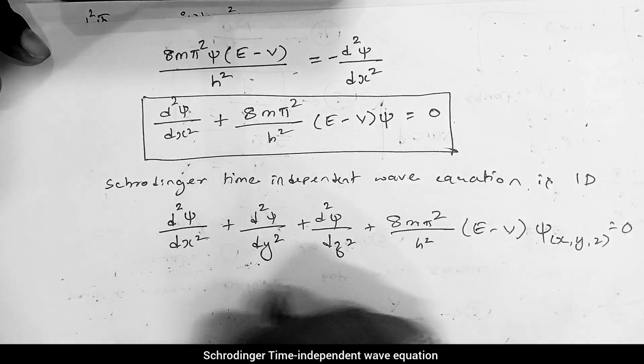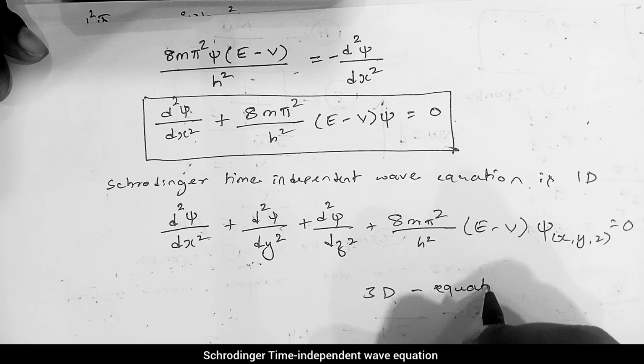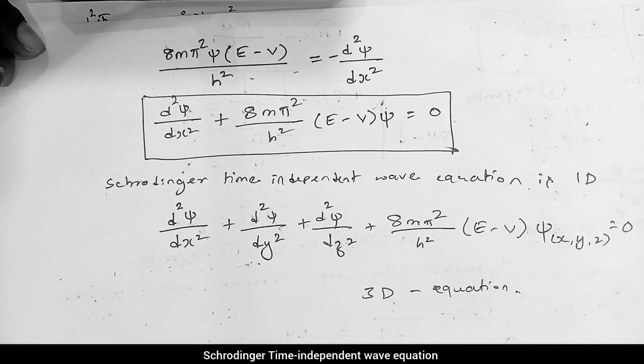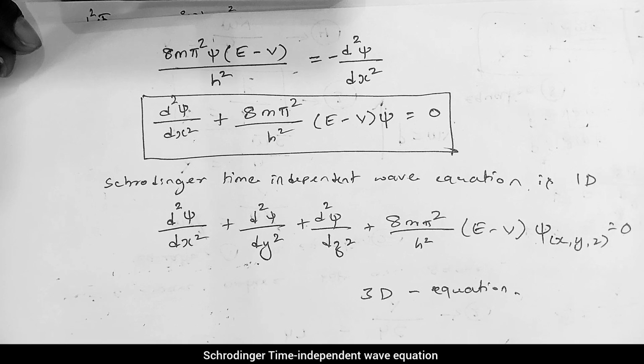So this equation represents the 3-dimensional Schrodinger time independent wave equation. From the exam point of view, this is the most important derivation. Thank you.